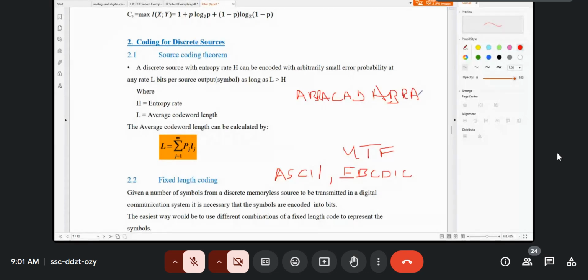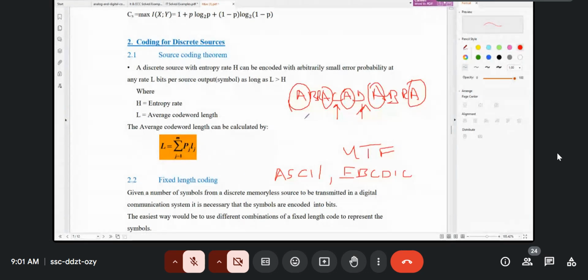But if you represented A, because A is appearing 5 times, with a different length from, let's say, D, D appears only once, and the C appears only once, with different length, it makes sense.